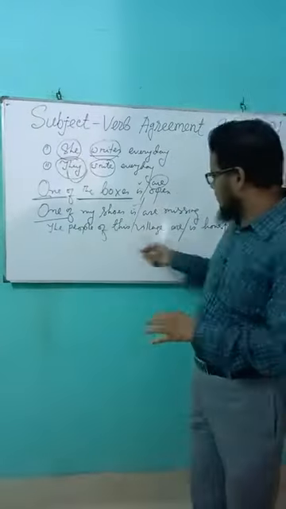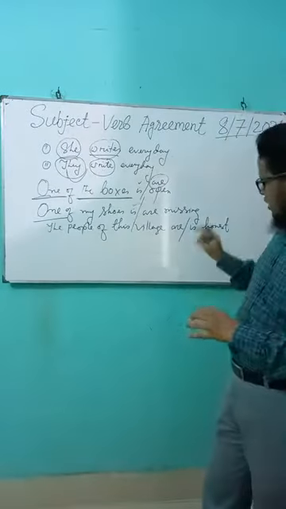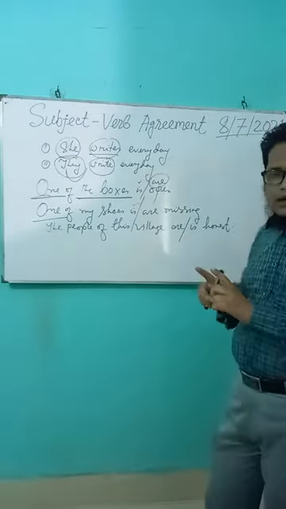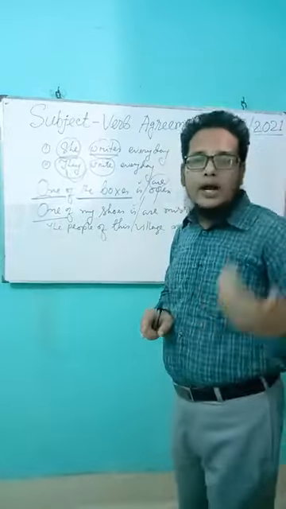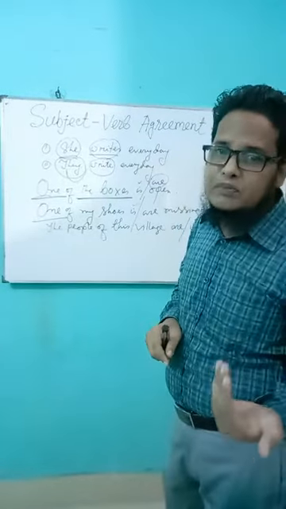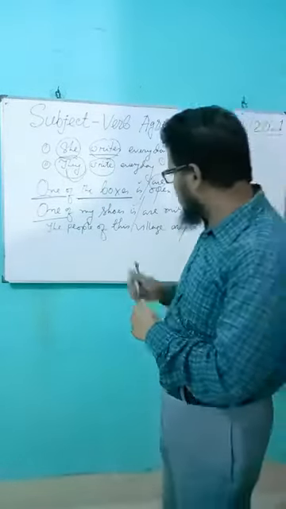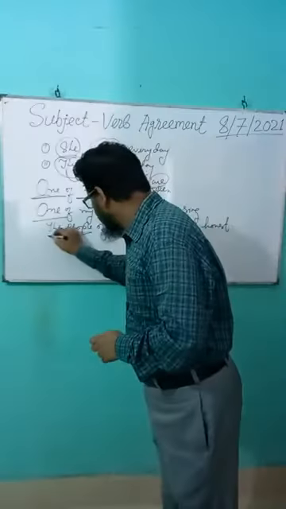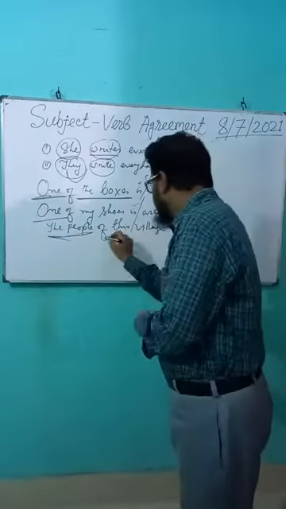Which one will be correct? Actually, we have to know that the verb always agrees with the subject, not with the noun or noun phrase. In the sentence, "the people" is the subject, and "of this village" is the noun phrase.